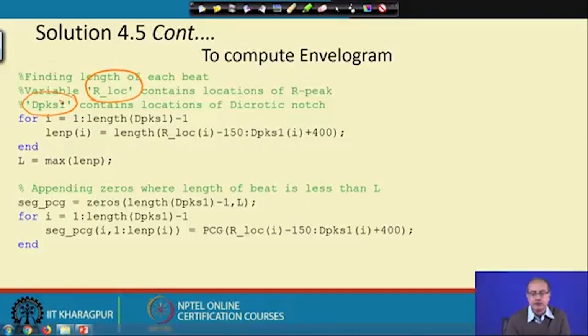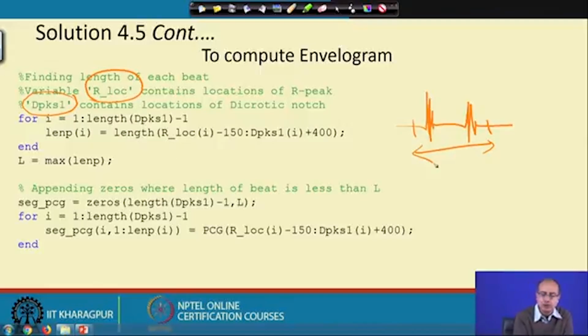Now, using that, what essentially we are trying to do is, if say this is S1 and this is S2, we are trying to take a segment like this, starting somewhat before S1 and going after S2. For that we are taking the R location minus 150 samples, and going to the dicrotic notch location plus 400 samples.